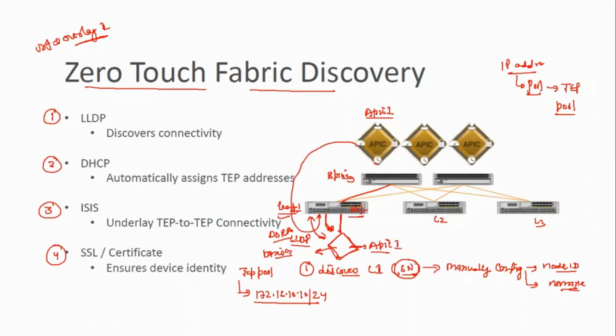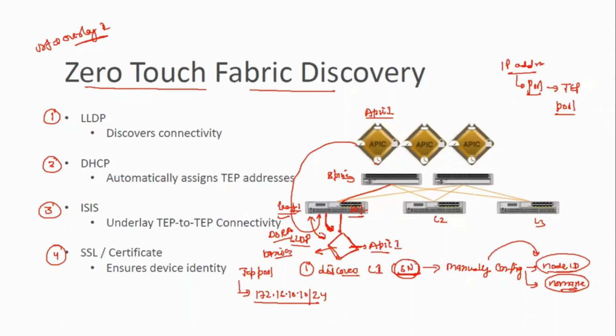As soon as you are done, leaf will send an LLDP. LLDP will contain the serial number of the leaf. You will get this serial number on the epic. Then you have to do the manual configuration: the node name and the node ID of the leaf. As soon as you do this, a DORA process starts between leaf and epic.